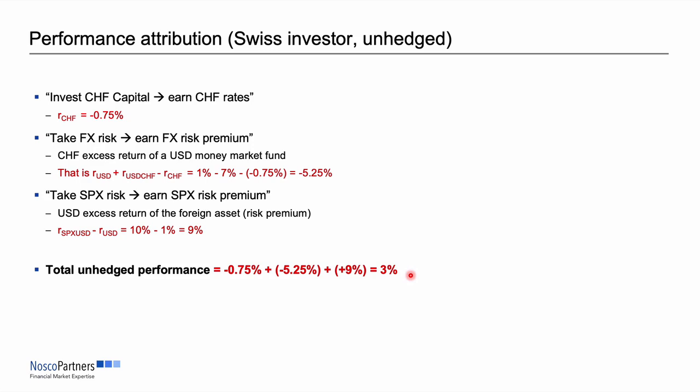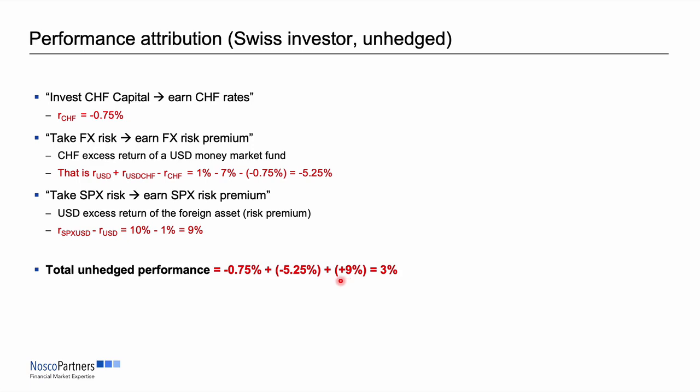The advantage is now that we have thoroughly separated the return into three buckets: capital, FX risk, and equity risk. With this decomposition, hedging a risk only affects that return that was due to that risk.